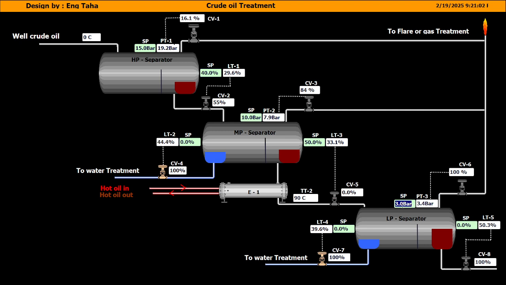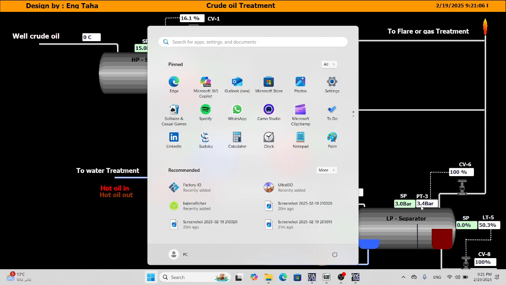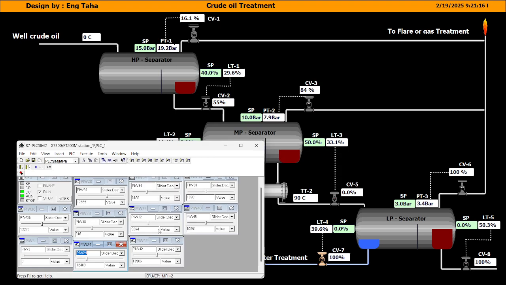And this is opening because the process value is higher than the set point, so I need to make it lower. Look at that, I will decrease it, so the opening of the control valve will decrease.